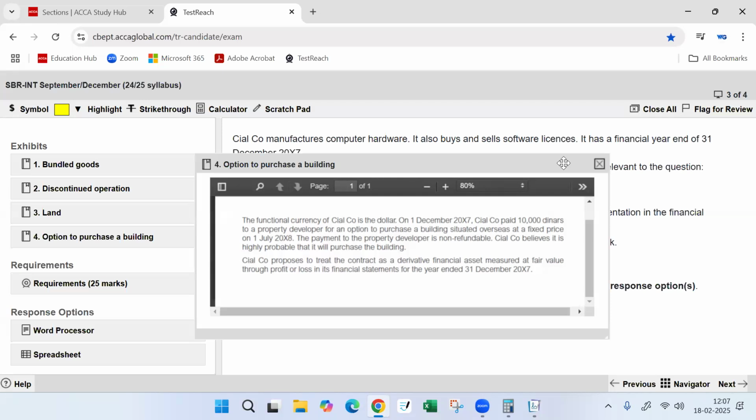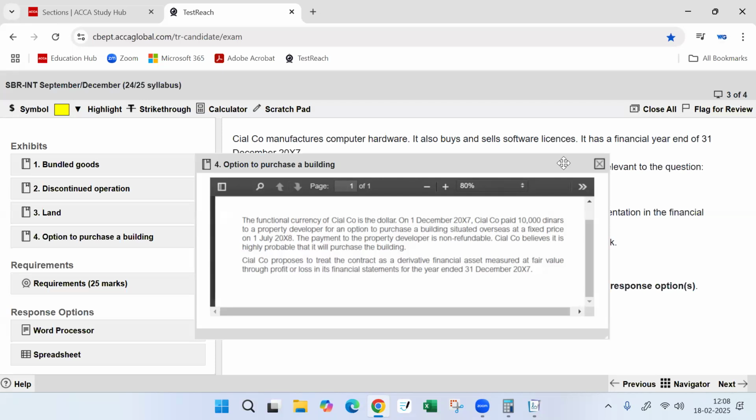Will it be an IFRS 9 derivative contract? No, it will not be. Why? Because first and foremost, there is physical delivery of an asset and you have paid an advance. You will be taking physical delivery of an asset since it will be settled by physical delivery. This means that it was not accounted as a derivative.